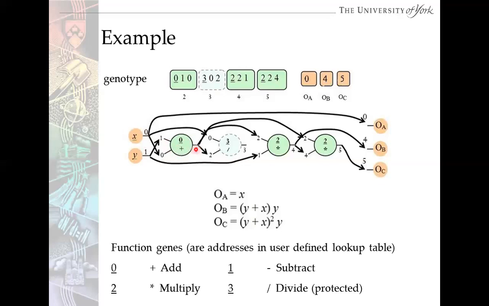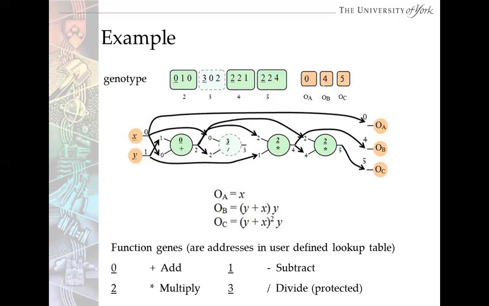So the output of this node is Y plus X. The second input of the node with address 4 is directly connected to the Y input. It then multiplies those two. So you can see that the equation for OB is (Y plus X) times Y. And decoding OC goes in a similar way.